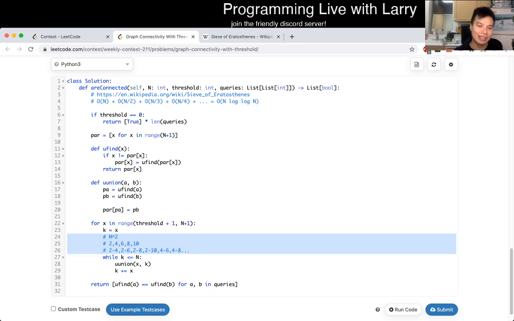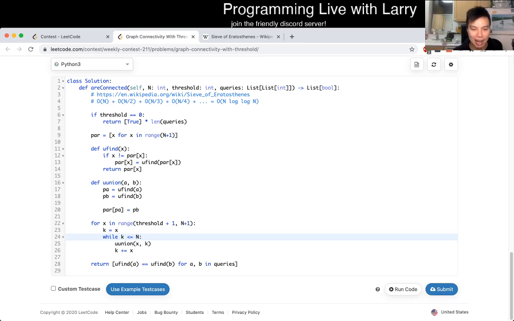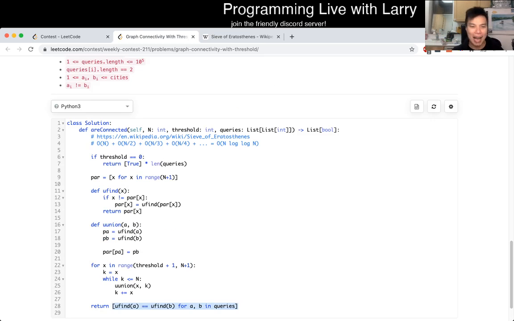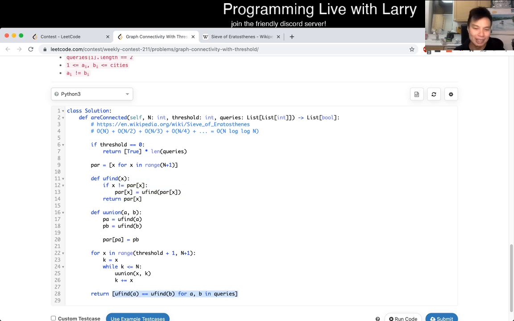Once you do that, for each query, just do a union find query. You could talk about some math, but because of path compression, which I do, it's amortized O(1) eventually.